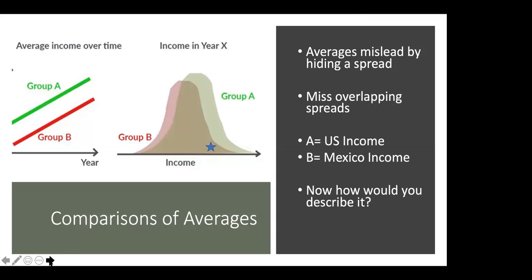If you see the left graph, you will think group B cannot reach group A, but if you see the right graph, you can realize that some rich group B people can reach poor group A people. So these two graphs can lead to different conclusions. Next, please.